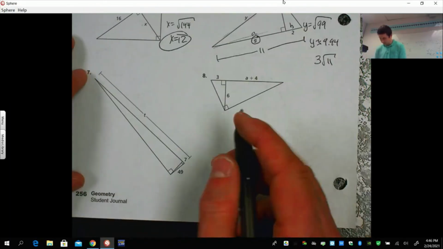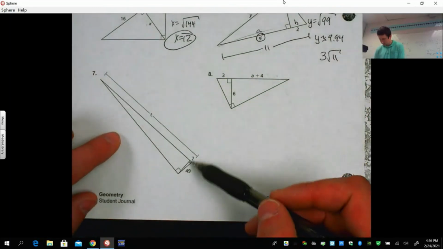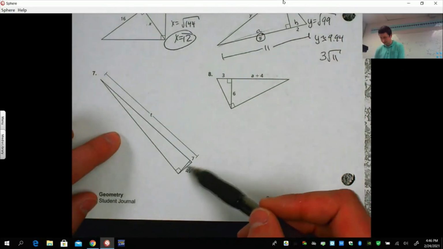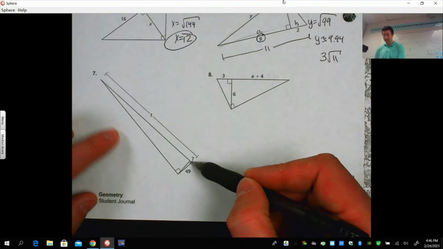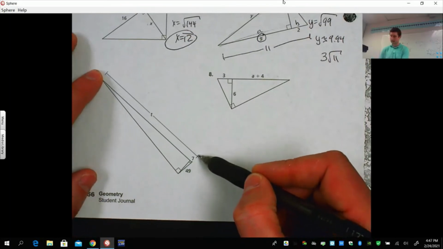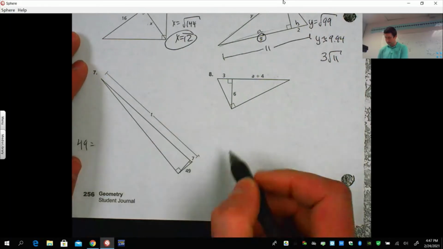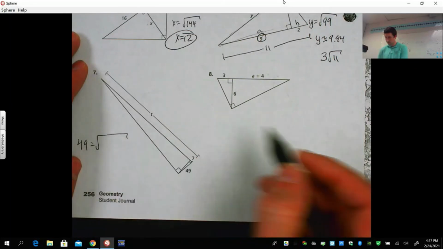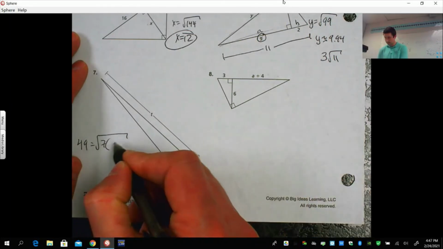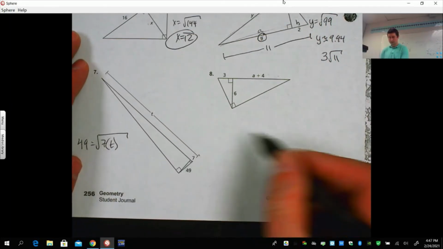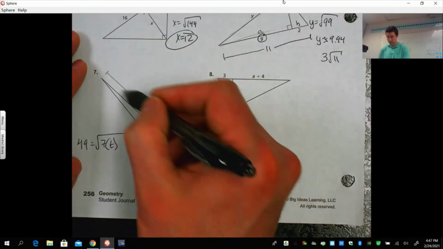Let's get to some more variables here. Kind of a skinny one. Notice we have a 49, we have a side here. We know 7, and we know the total length. They want us to find the total length. So 49 has to equal the square root of 7 times t, the close part times the total part.